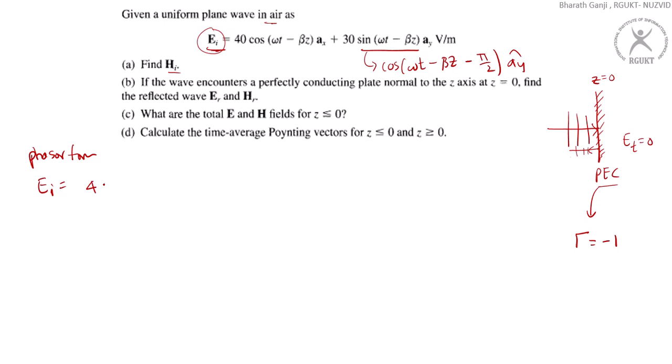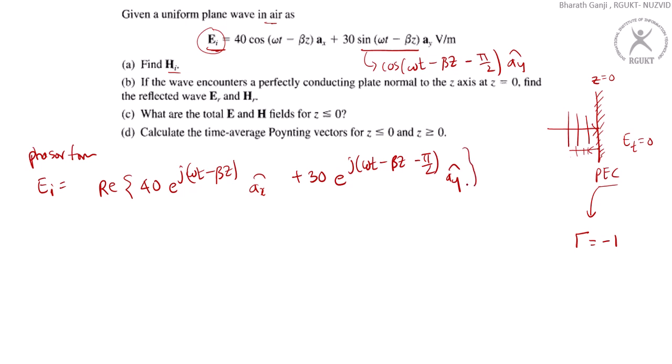I can write 40 cos as real part of 40 e power j omega t minus beta z ax cap, and of course plus 30 times e power j omega t minus beta z minus pi by 2 times ay cap. If I take the real part of these exponentials, I will get back this equation.